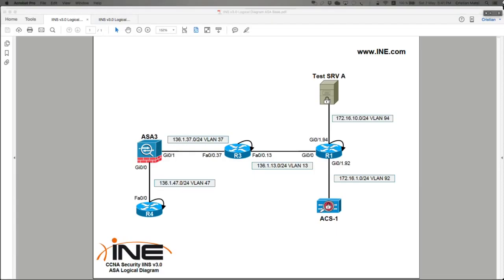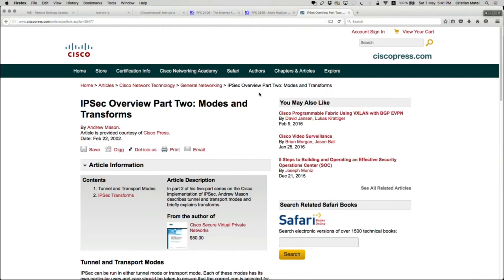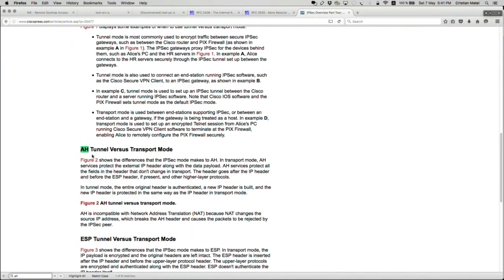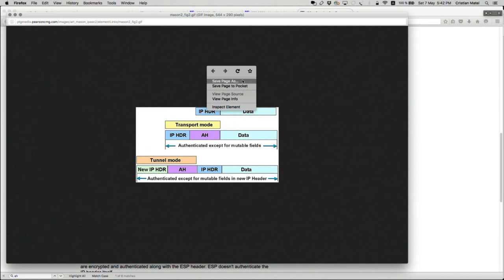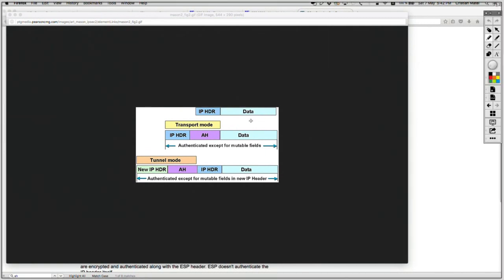Now, if we look at this example, let me zoom in a bit. So this is the original packet, the IP header and the payload.